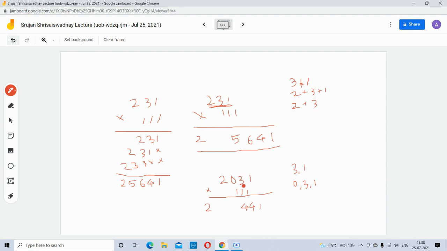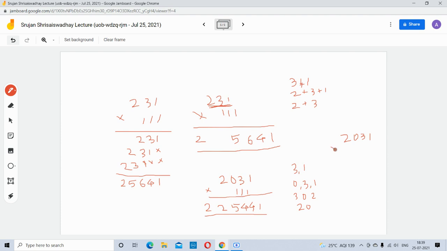Then you leave to the next, then you are going to add 3, 0 and 2, so that comes out to be 5. Then you are leaving 3 and you are going to add 2 and 0 only, so your answer comes out to be 225441.